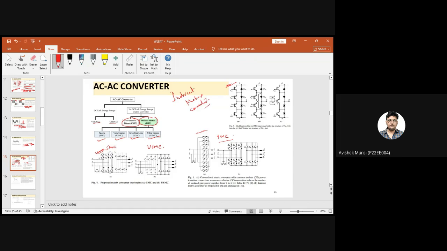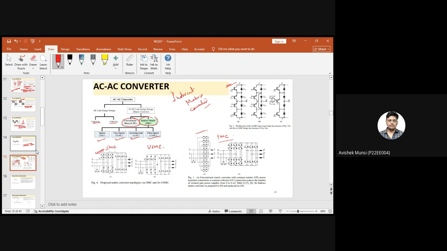So basically we have two types of matrix converter: one is direct, another one is indirect matrix converter.